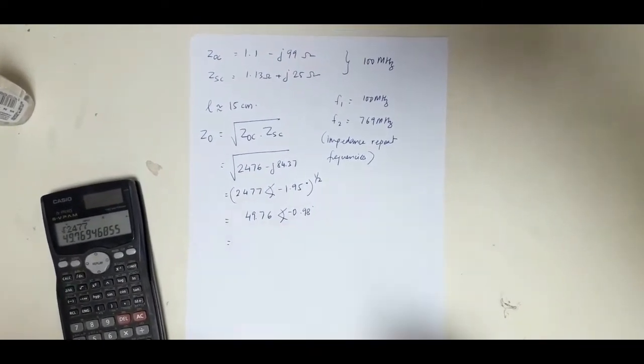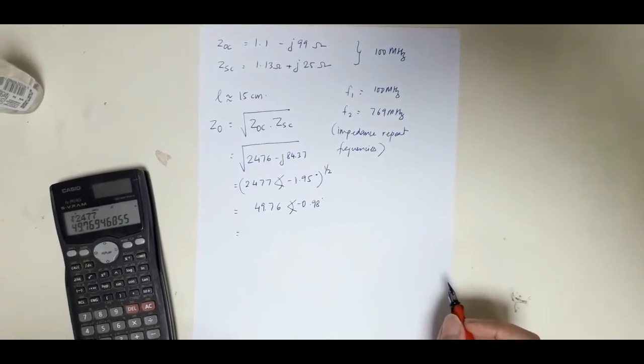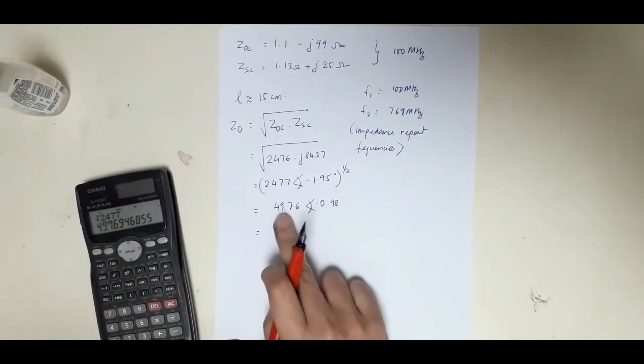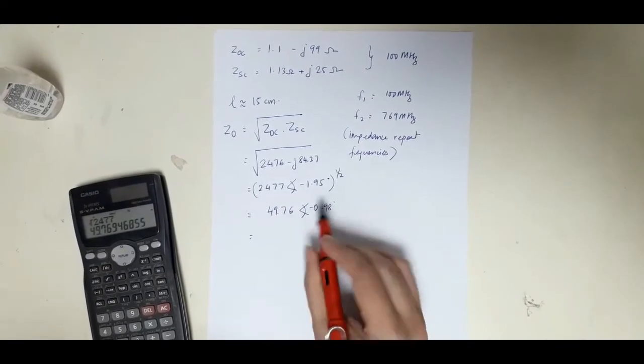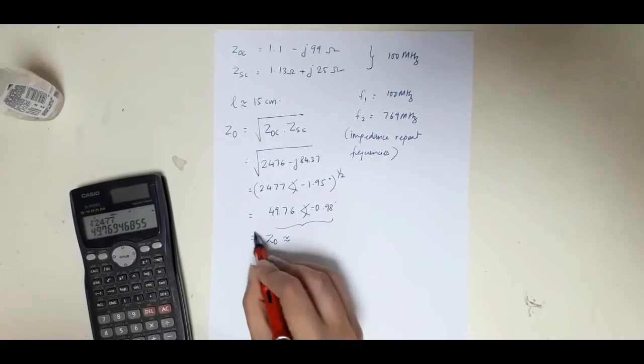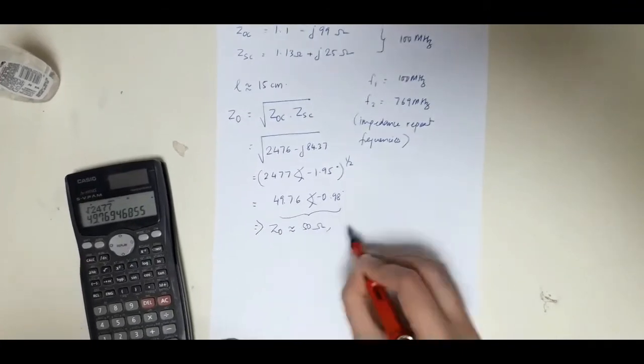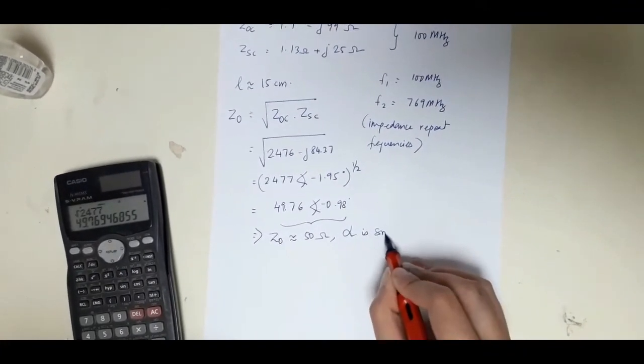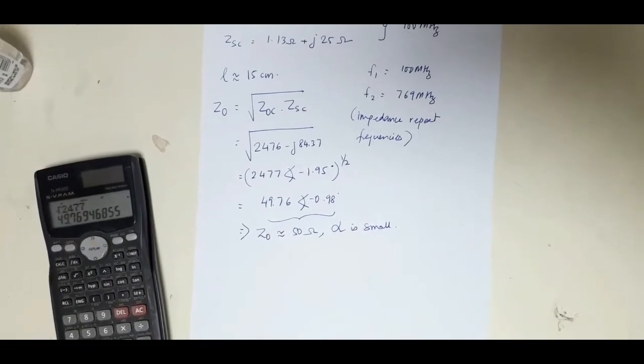So this is what it is. So you can see that the Z0 is very, very close to 50 ohms with a very small alpha. This is something you can see.